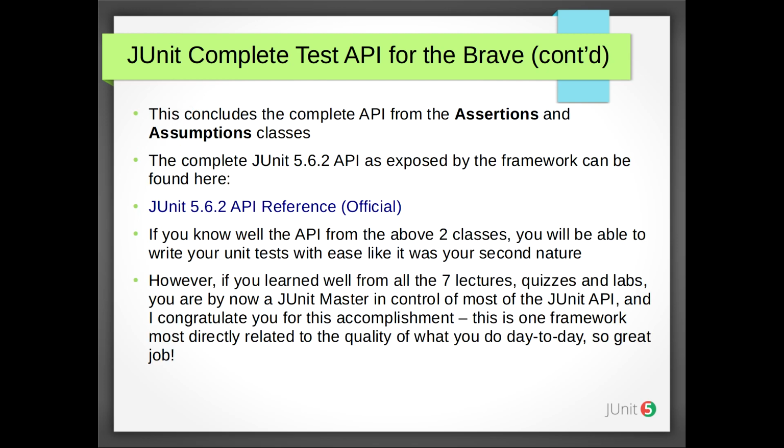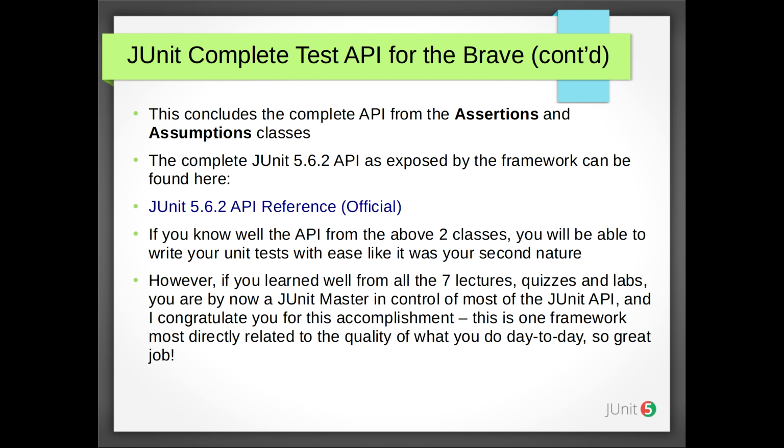Alright, this concludes the complete API from the assertions and assumptions classes. The complete JUnit 5.6.2 API as exposed by the framework can be found here. Well, it is truly for the brave because it's vastly more than the assertions and assumptions classes.